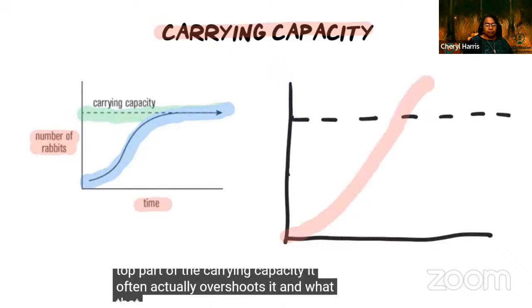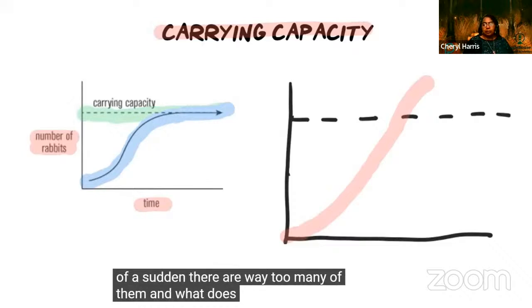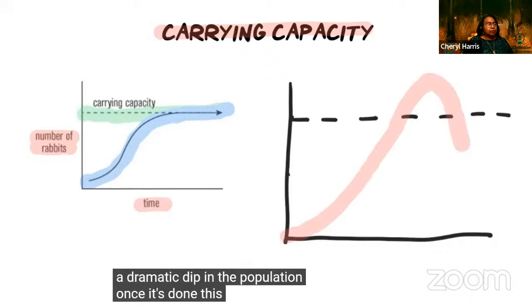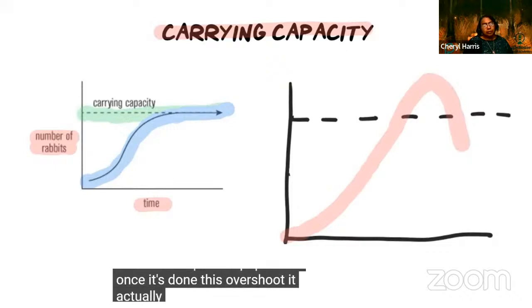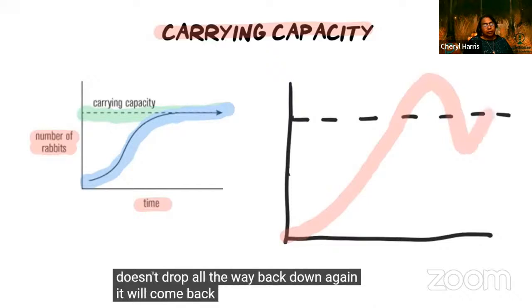And what that means is there's so many individuals, they're rapidly reproducing, there's lots of resources, and then all of a sudden there are way too many of them. And what does that cause? It causes a dramatic dip in the population. Once it's done this overshoot, it actually self-corrects really well and doesn't drop all the way back down again. It will come back up and then level out a lot better.